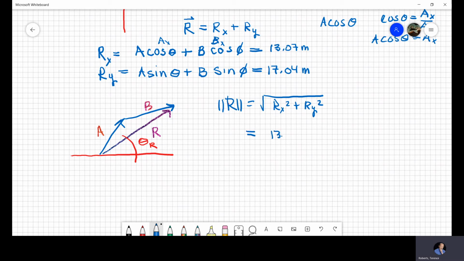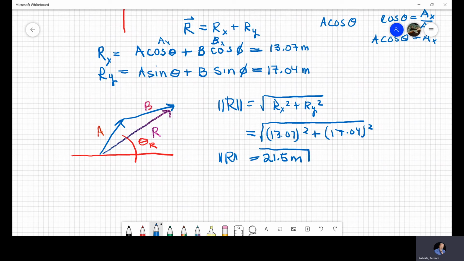Rx is 13.07 squared plus 17.04 squared, all under the square root. And this gives us a magnitude of 21.5 meters. So that is the first of our two answers that we need. This vector has a magnitude or length of 21.5 meters.